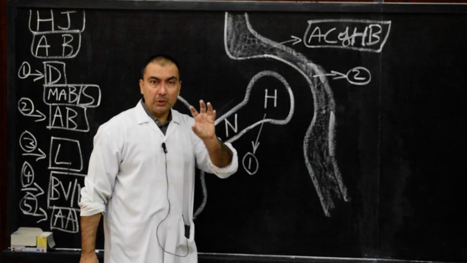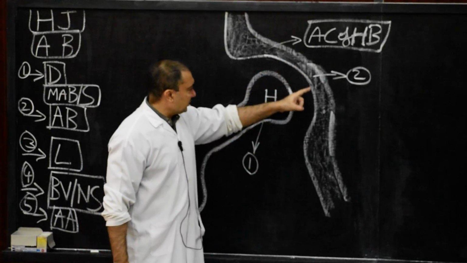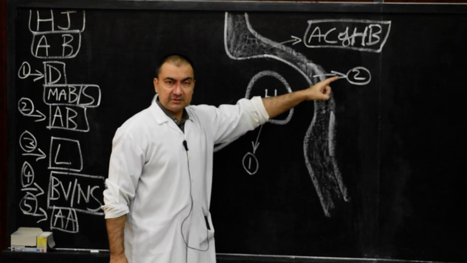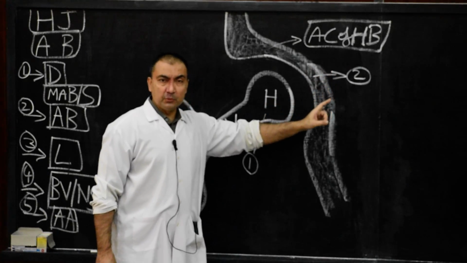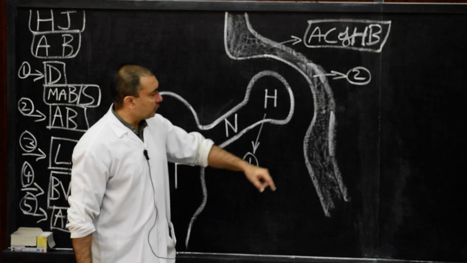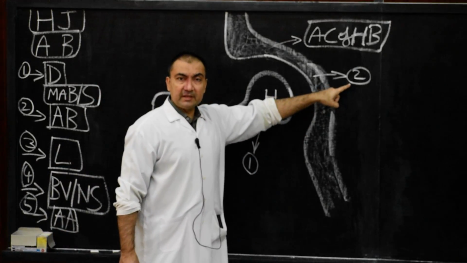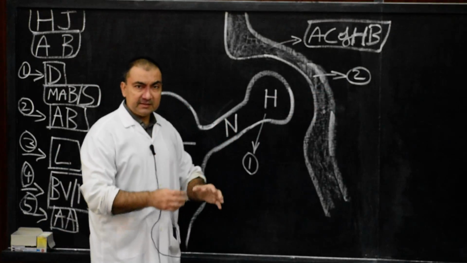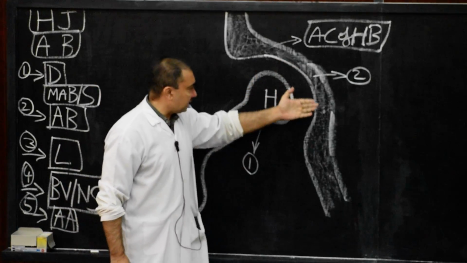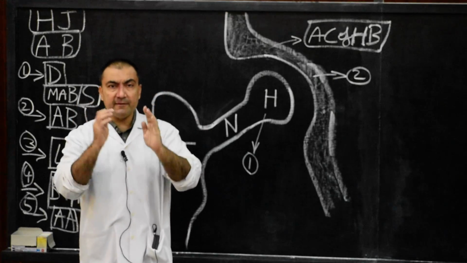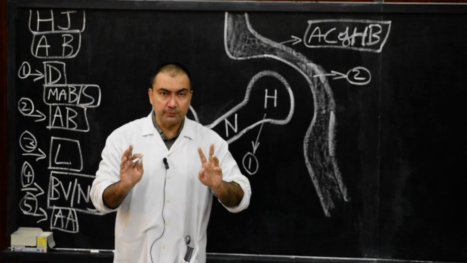Head will form a ball-like structure and acetabular cavity will form a socket-like structure. So the second articulating bone which will participate in the formation of the hip joint will be the acetabular cavity. Therefore it is a ball and socket variety of synovial joint. Ball is formed by the head of femur and socket is formed by the acetabular cavity. This much you have to note down, 2 points.